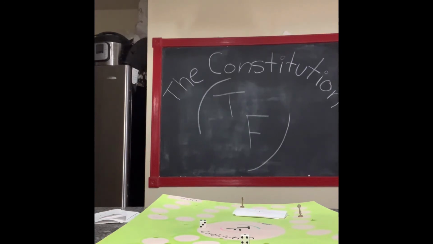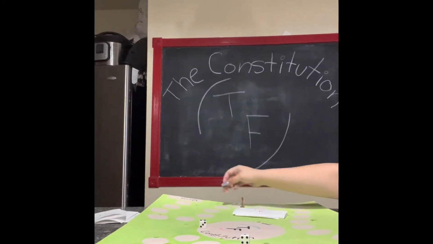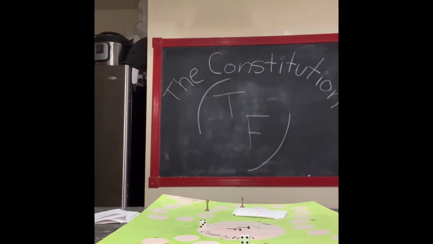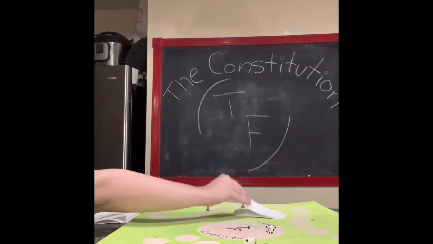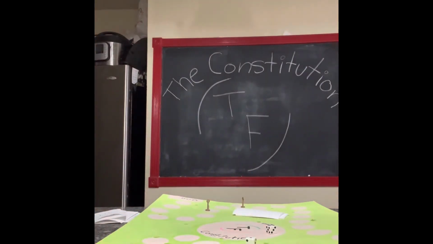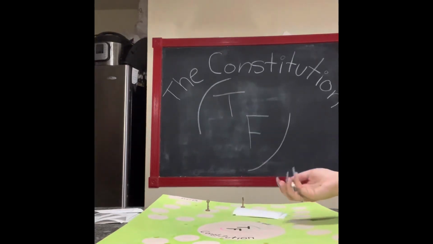That would be false because it is, in fact, the first words of the Constitution. The Ninth Amendment prohibits cruel and unusual punishment, but also mentions excessive fines and bail. True. Okay, so that one is false, so Ellie has to miss her turn.